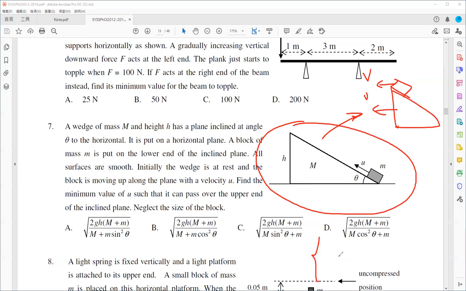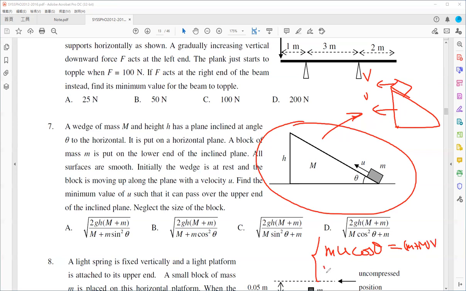For conservation of momentum, you need to consider horizontal momentum conserved. The vertical momentum is not conserved in this case, but it's difficult to determine actually. What I would say is in most cases, the vertical momentum is not conserved. Then I can write down the horizontal momentum conserved like this.